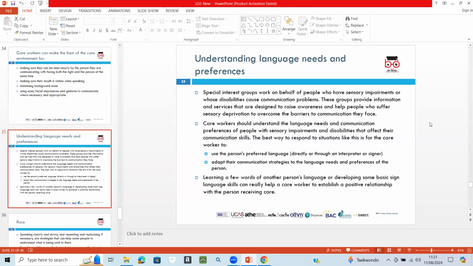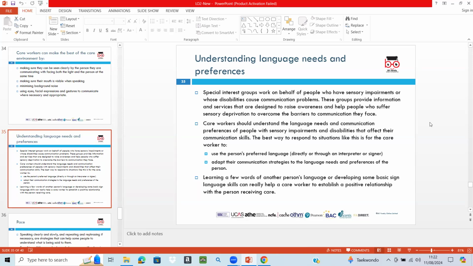Right, here we need to discuss understanding language needs and preferences. To communicate effectively, it's important to understand and accommodate each service user's language needs and preferences.